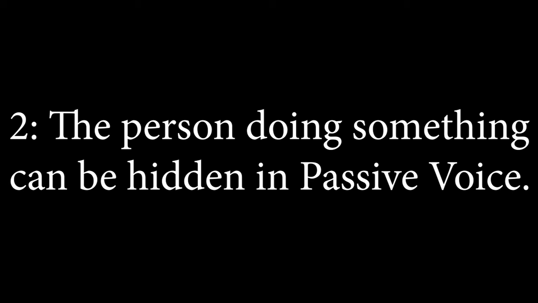You can say the ball was thrown or the pizza was eaten, and depending on the context, the sentence will still make sense. But the person who's doing the throwing, the person who's doing the eating, is not present in our sentence. This is something that passive voice can be useful for, but it's also a quick way to look to see if something is in passive voice. Check to see if the person is present at all.